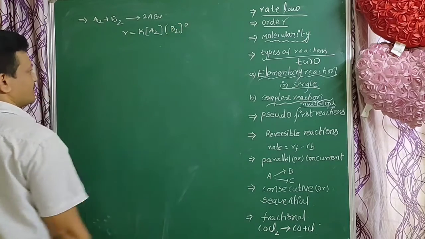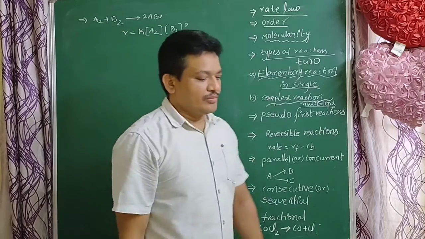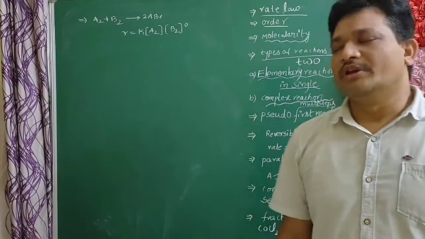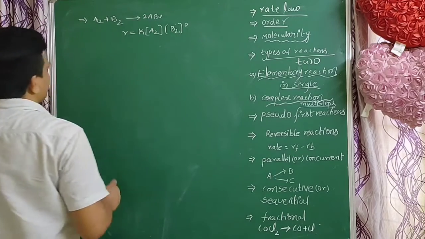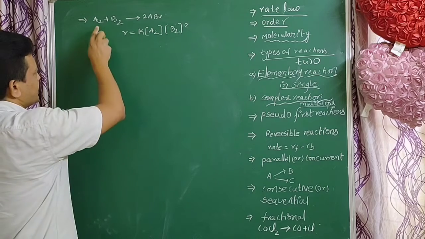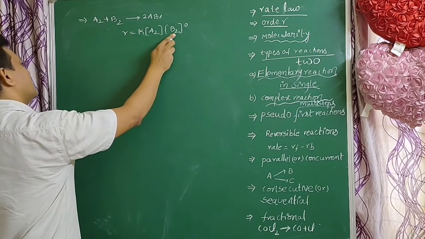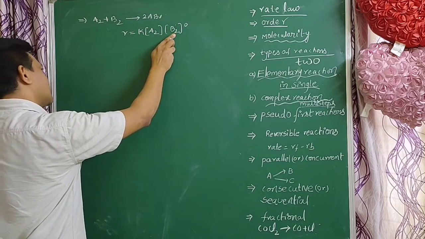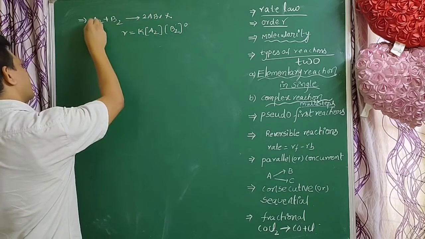That means rate does not depend on the concentration of B2. So this is not an elementary reaction. Why? Suppose this were an elementary reaction, B concentration would be present in the rate equation, but B is absent.